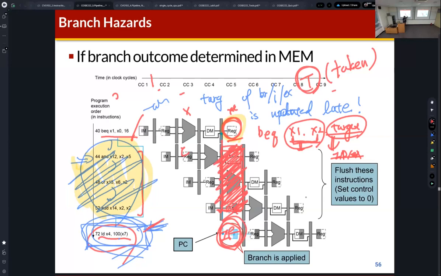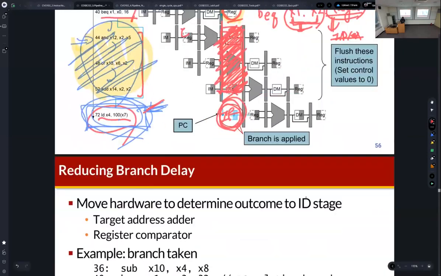Then how can we reduce control hazard? If we can know the result of branch instructions earlier, then we can reduce control hazard, right? Obviously, right?